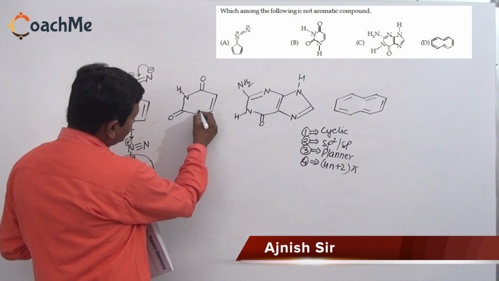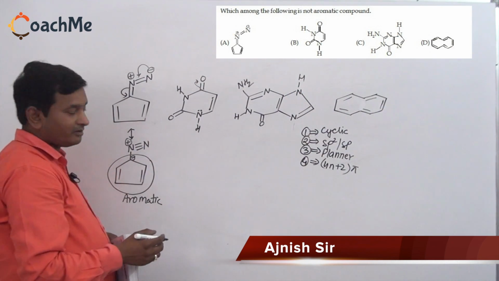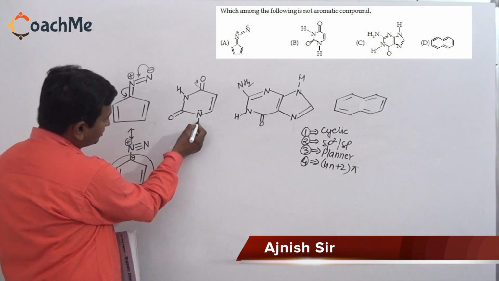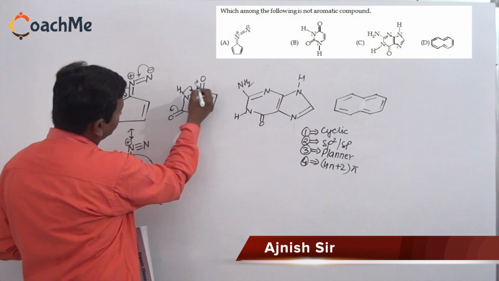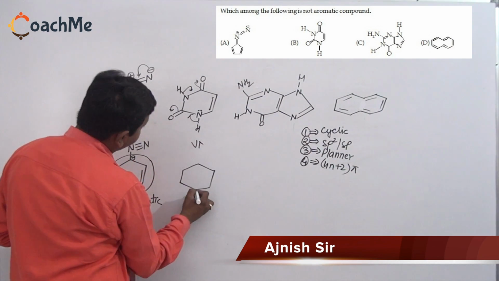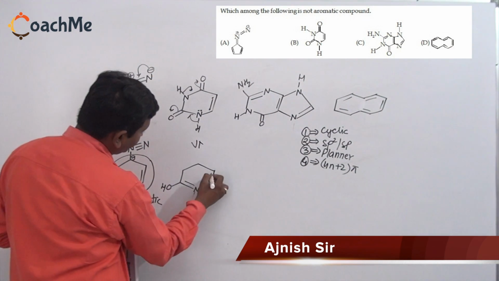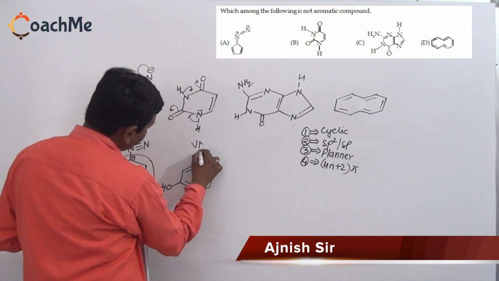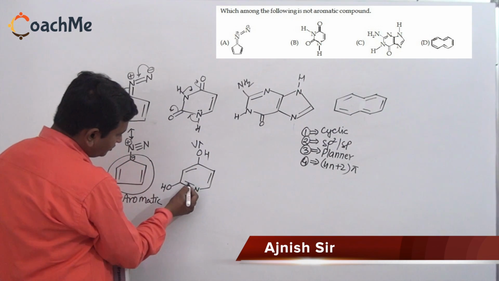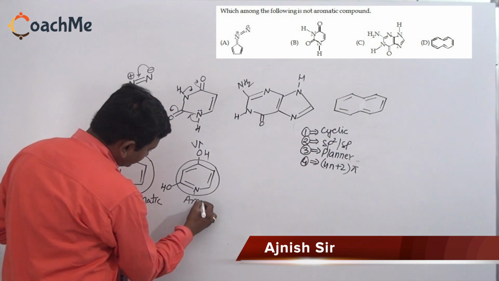Similarly, here also 2, 4, and this will be broken. You can also tautomerize this molecule to form this type of structure. Here nitrogen double bond, OH double bond, again this will be like this. So 2, 4, 6. This molecule is also aromatic in nature.